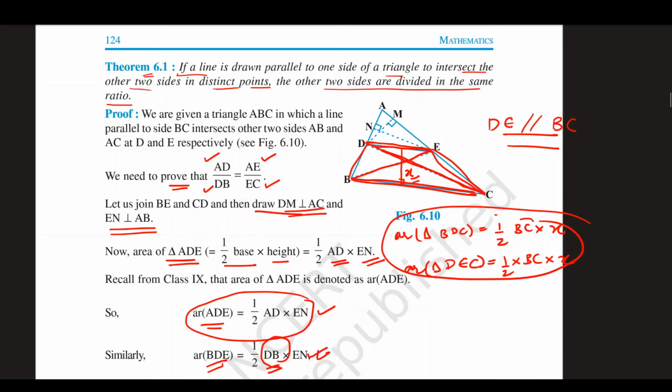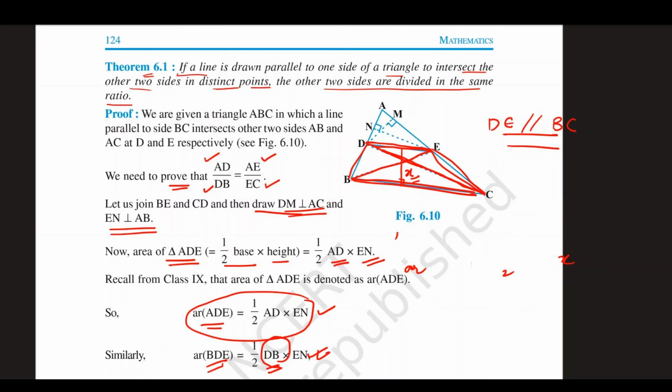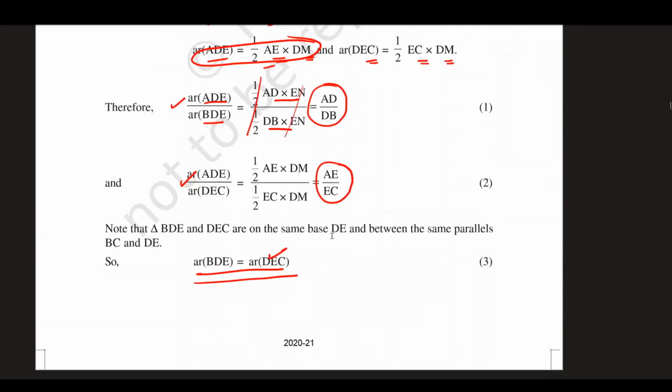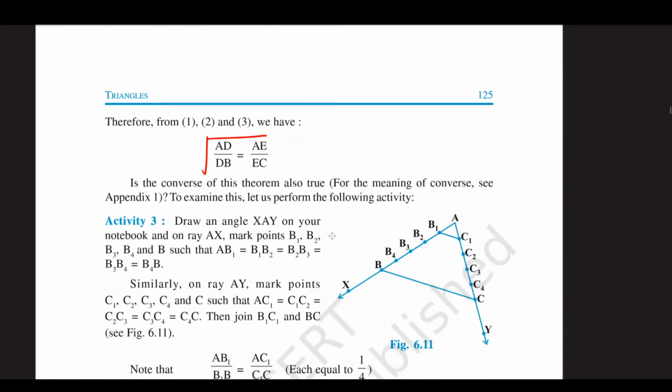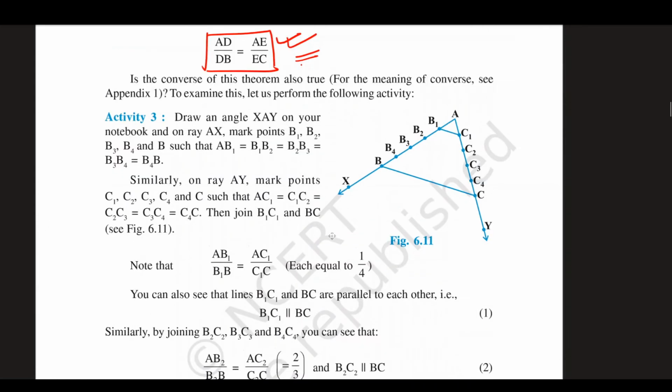So the area of BDE is half into DE into x, and the area of DEC is also half into DE into x, because the base DE is the same. So these two are the same, then we equate and we get AD upon DB is equal to AE upon EC. We have to remember this, and it is very important to learn this.